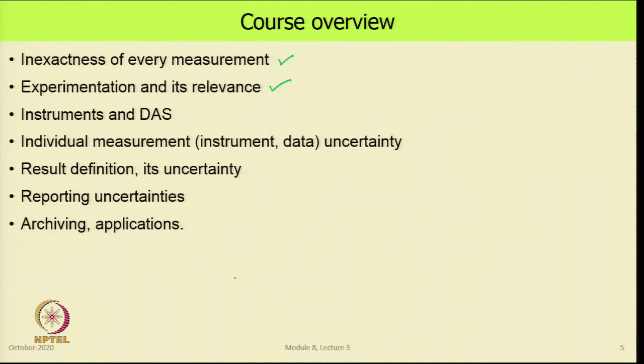We looked at experimentation and its relevance, instruments and data acquisition systems, and we went a little bit into the electronic aspects of this and saw how they affect our uncertainty calculations. Then we looked at individual instrument uncertainty, result definition and its uncertainty, reporting of uncertainties, and finally archiving. So, this is what we learnt in this course.